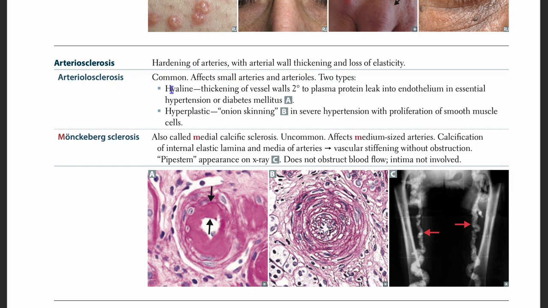There are two types: hyaline and hyperplastic, right? Thickening of vessel walls, secondary to plasma protein leak into endothelium in essential hypertension or diabetes mellitus. So if you get a hyaline, let's see what that looks like. It's going to be because of essential. Okay.